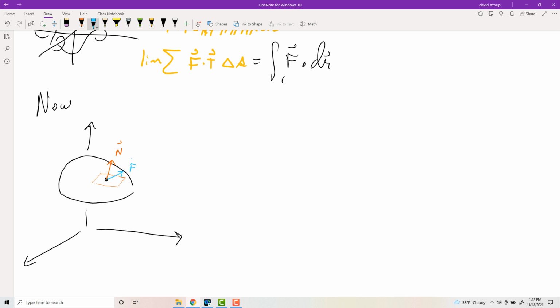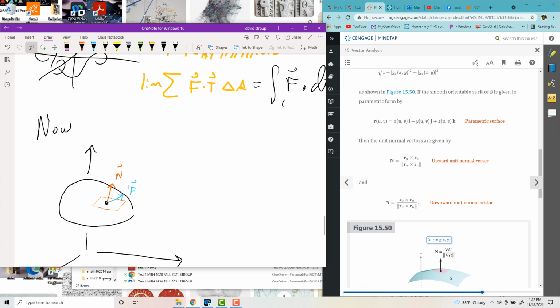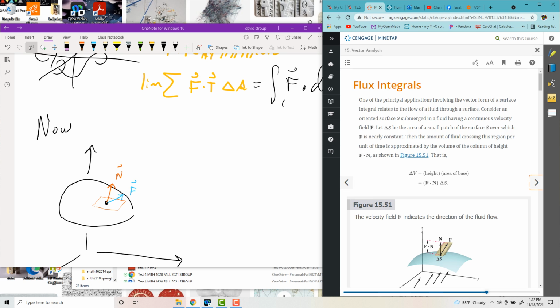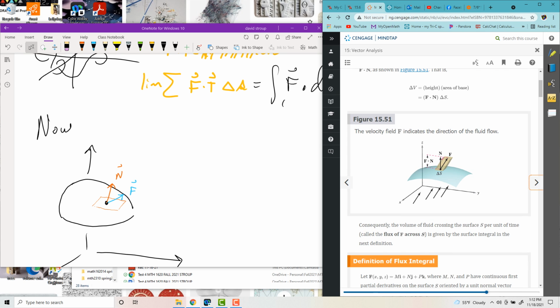So everywhere in space there's going to be a force vector. We're going to add up all of those and then multiply them by the area of that little tangent plane, right? So we're going to get a bunch of these, and the book has a nice little picture somewhere, a bunch of these rectangular pictures.